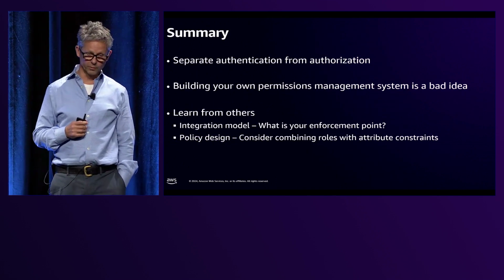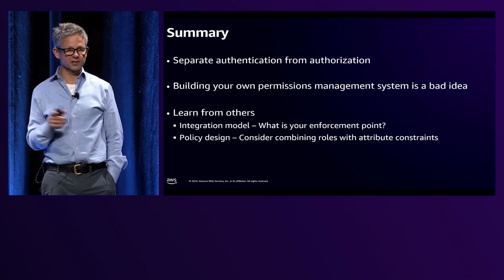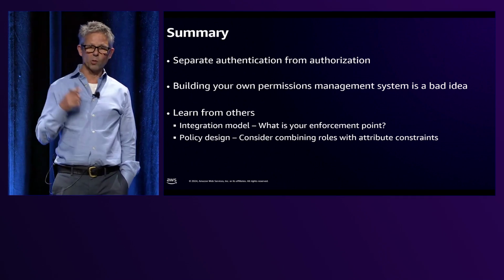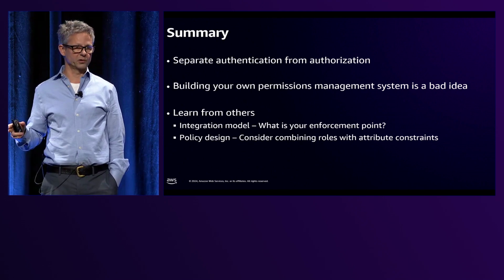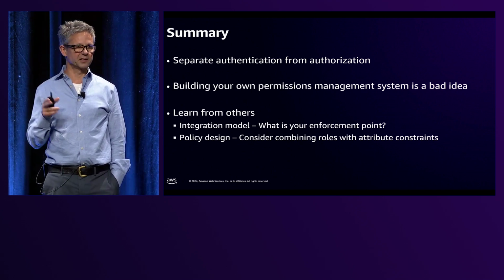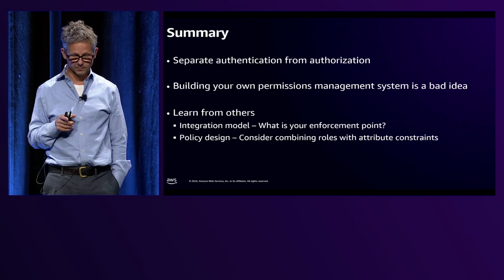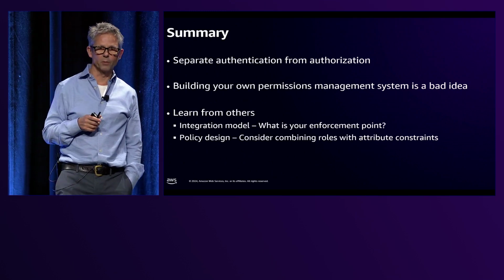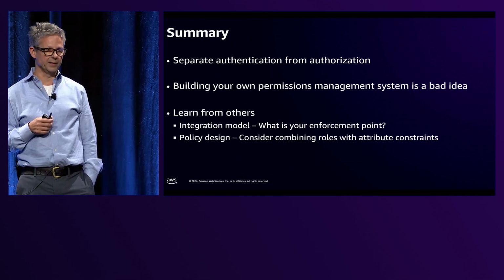So in summary, what have we learned? That authorization and authentication are separate. I think we all knew that, but they require separate consideration and separate flows, and in many cases, separate products to achieve those flows appropriately. That building your own permissions management system is, colloquially, a bad idea.